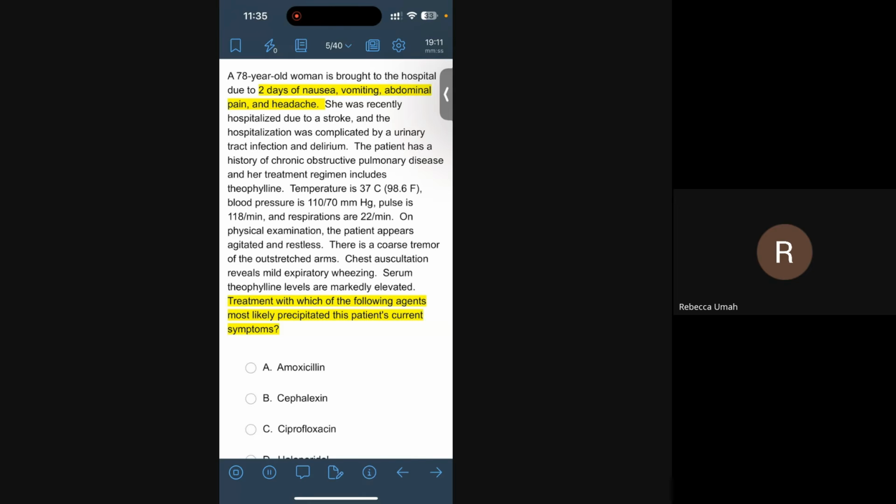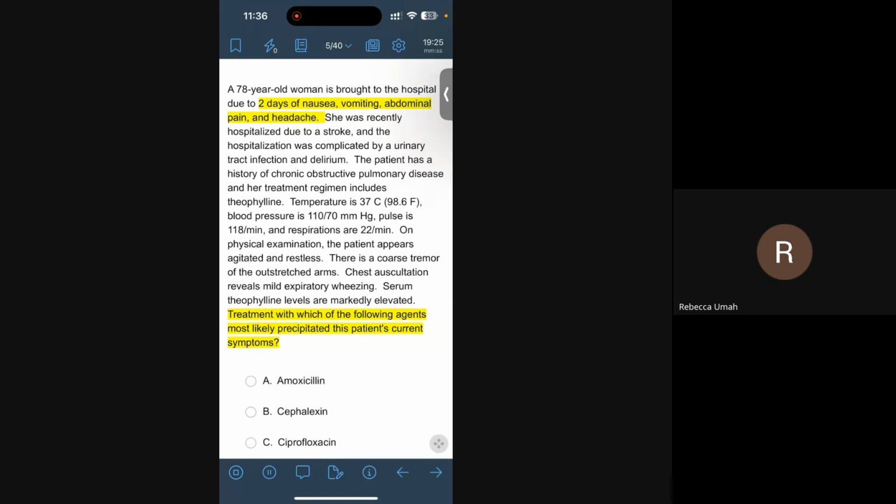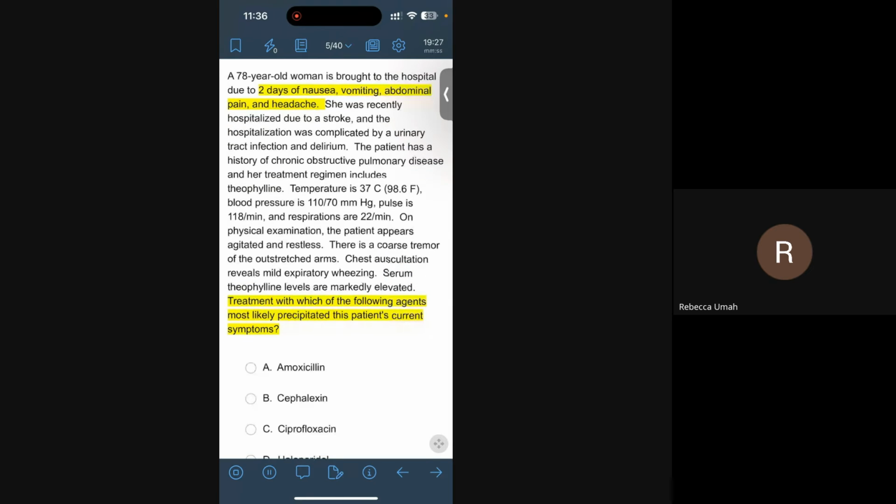History of COPD and acute exacerbation, with increased theophylline. On physical examination, the patient appears agitated and restless, with a coarse tremor of the outstretched arms. Serum theophylline levels are markedly elevated.